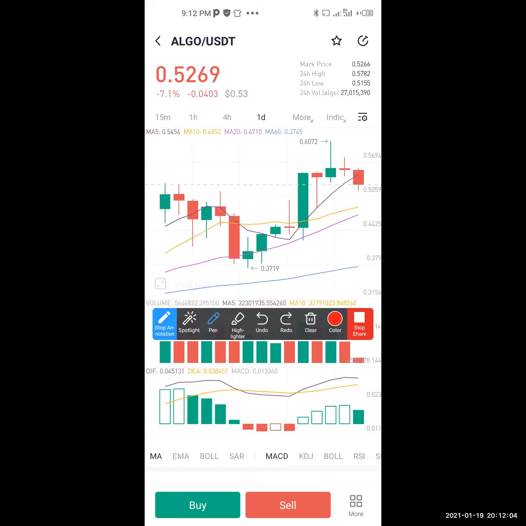If you look at this particular coin, you notice that it moved from this place, from a green candle, and went up. Before I continue, these candles are called Japanese candles.